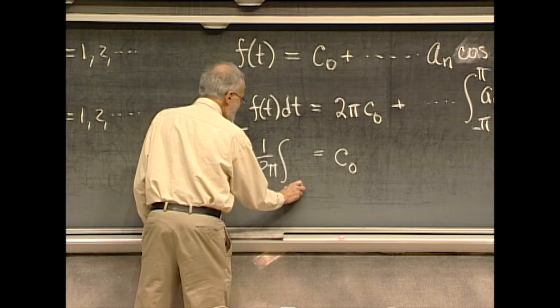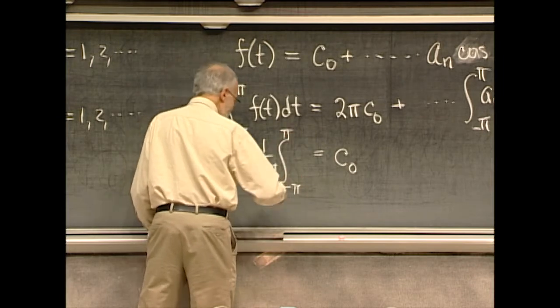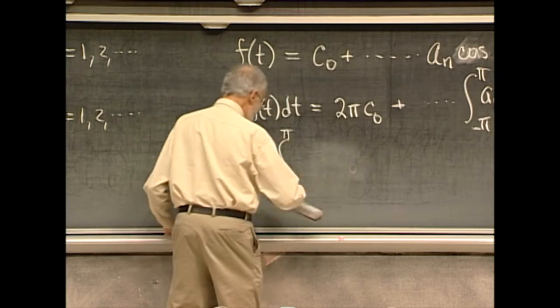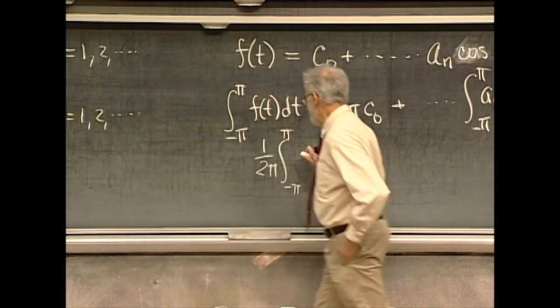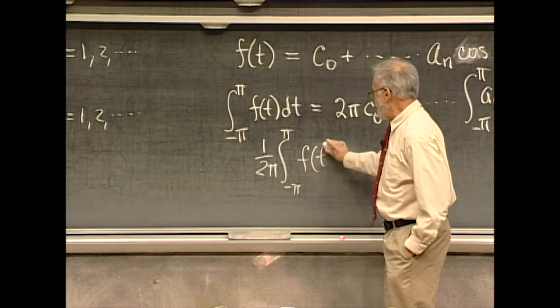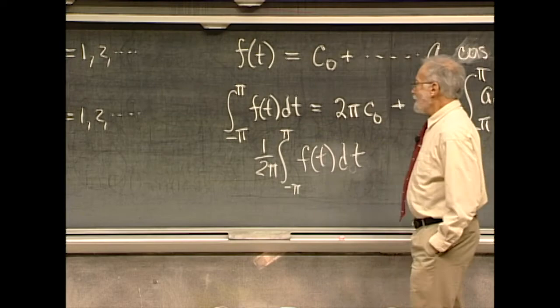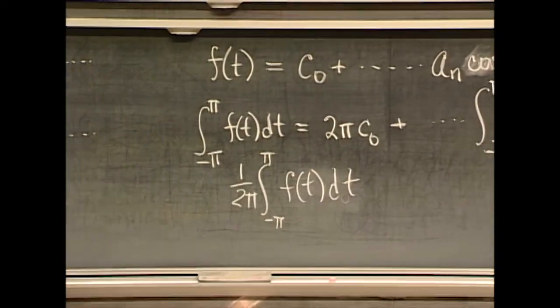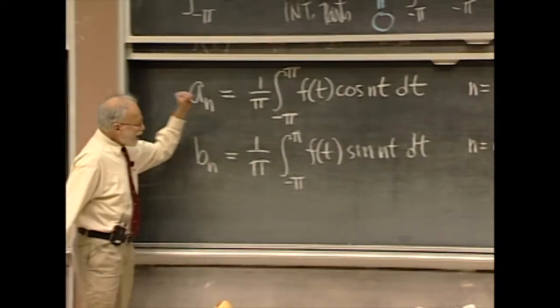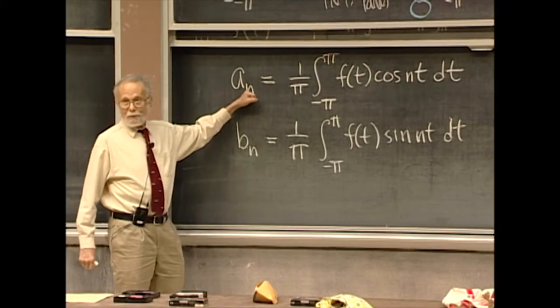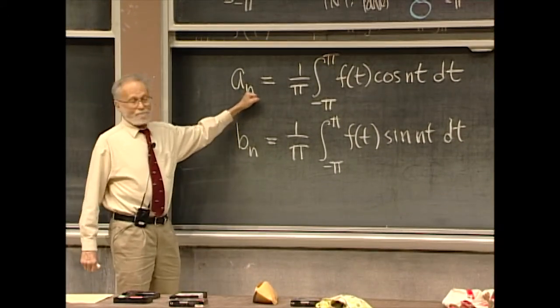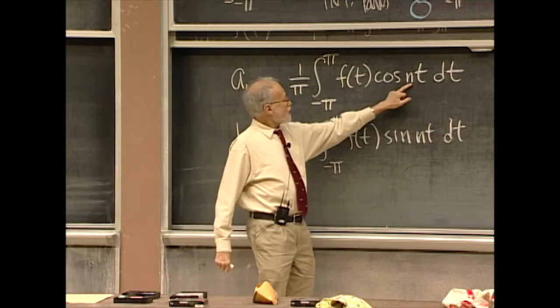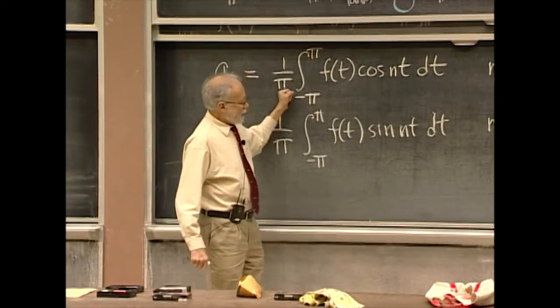Now, there are two kinds of people in the world, the ones who learn two separate formulas and the ones who just learn two separate notations. So what most people do is they say, look, I want this to be always the formula for a0. That means even when n is 0, I want this to be the formula.